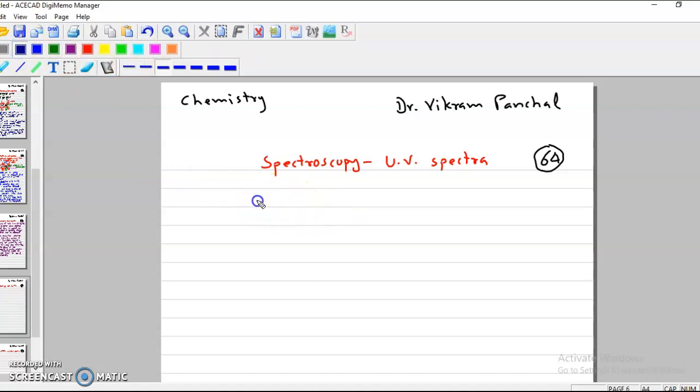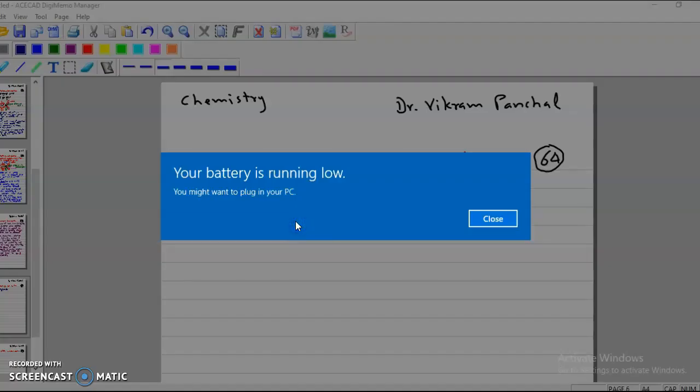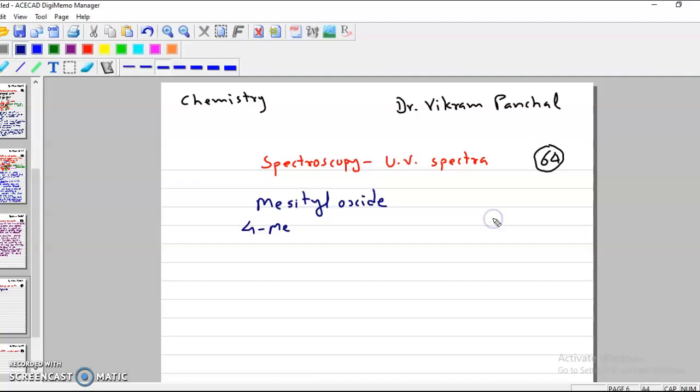The example is mesityl oxide. It is known as 4-methyl-3-penten-2-one.